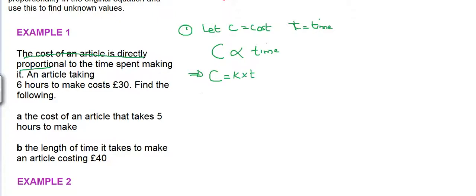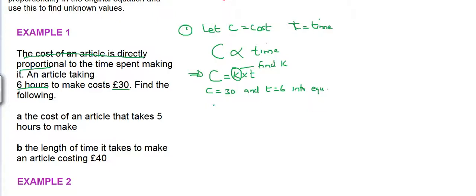To find k, we're given C, which is 30, and time is 6 hours. So we substitute C equals 30 and t equals 6 into the equation.